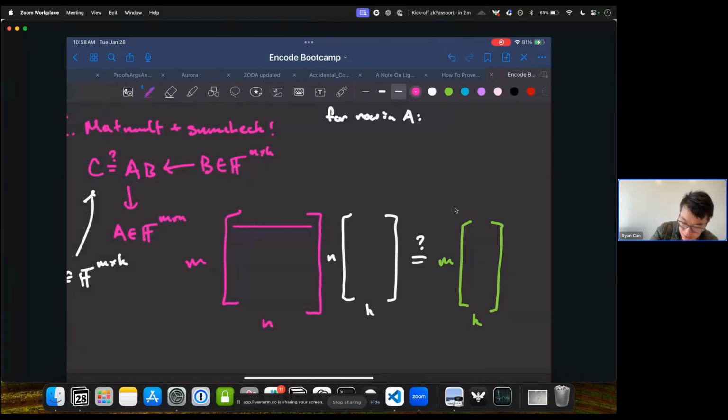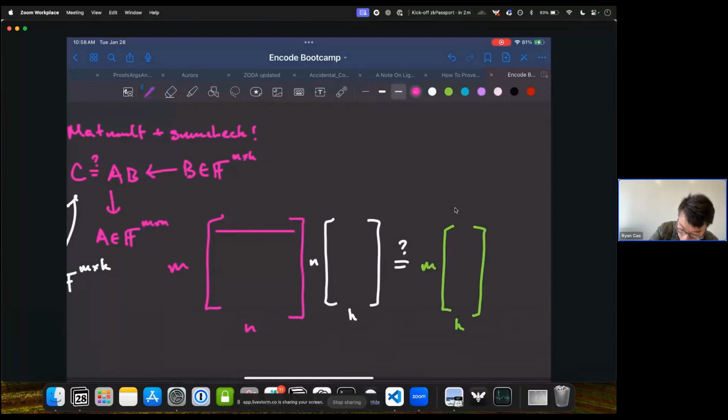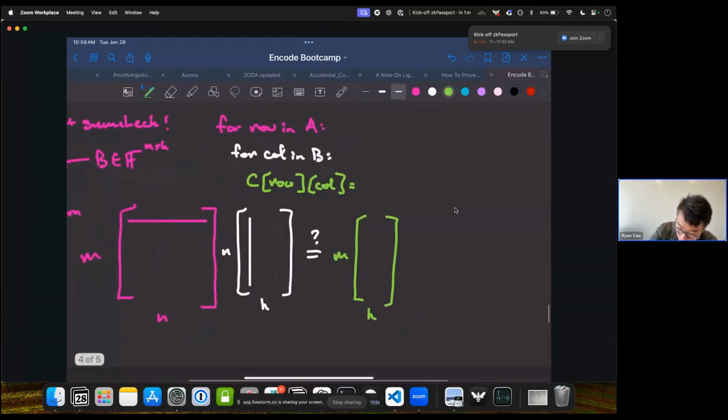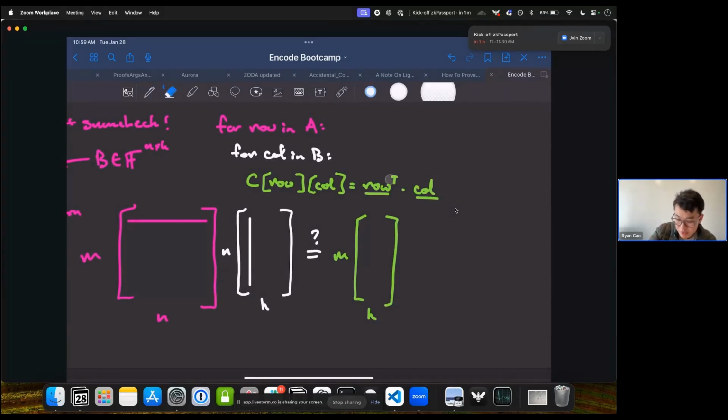But yes, for row in A, and then for column in B, we're going to multiply by all these columns. We're going to say that C[row][col] equals row transpose times col, where row and col are the respective vectors.